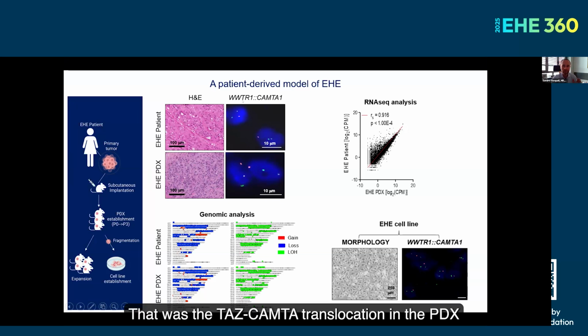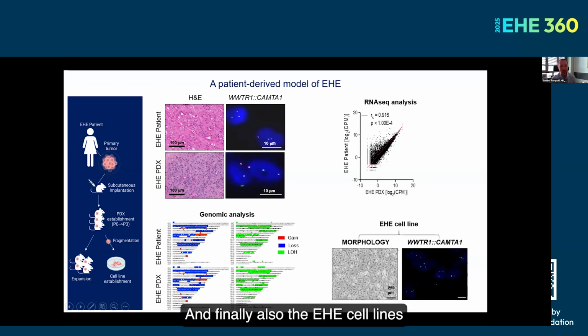There was the TAZ-CAMTA translocation in the PDX and also in the human models. As we do routinely for our models, we show that the transcriptomic profile of our model resembles that of the original tumor, and the DNA profile of the PDX was also similar to that of the tumor. Finally, the EHE cell line is also characterized by the presence of the TAZ-CAMTA fusion.